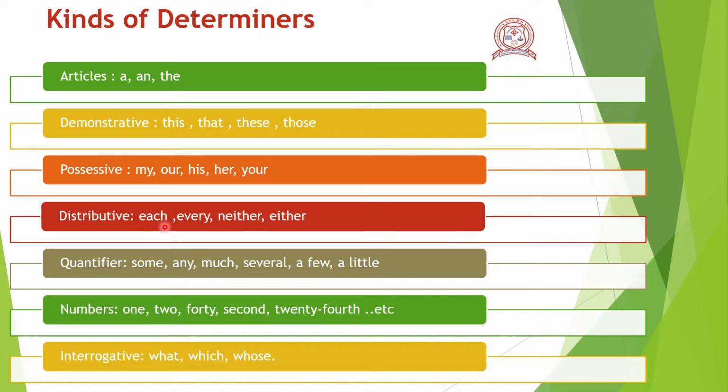Distributives: each, every, neither, either. Quantifiers: some, any, much, several, a few, a little. Numbers: 1, 2, 40, second, 24th, etc. Interrogatives: what, which, and whose. Now we'll start off with articles.